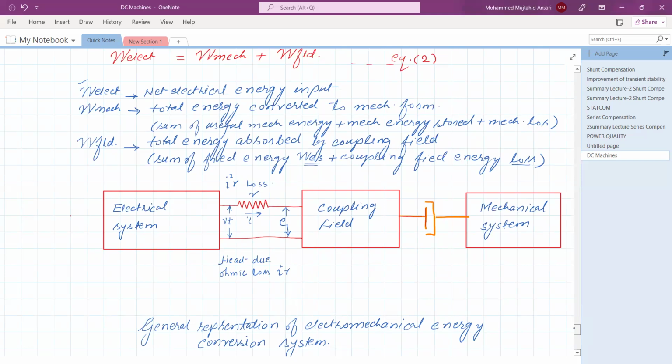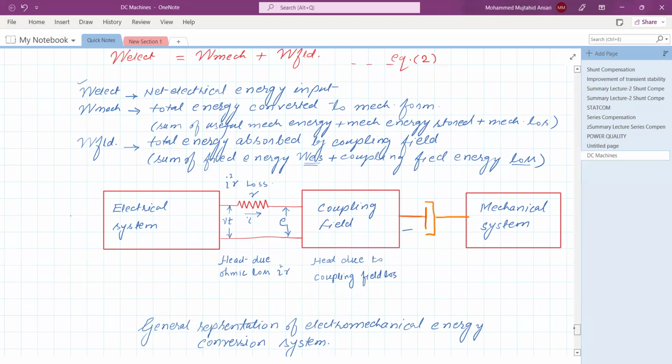Now it gets stored in the coupling field. Again there is heat dissipation due to the loss, heat due to coupling field loss, and finally we get the total torque or mechanical force.